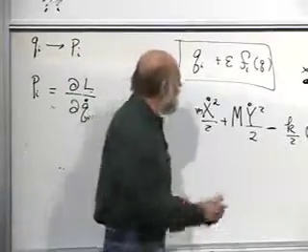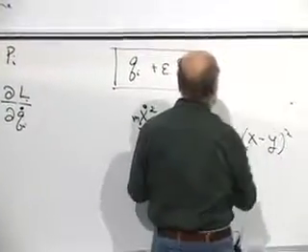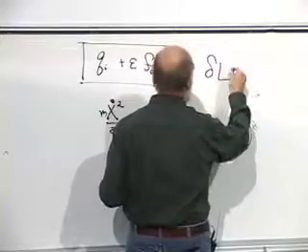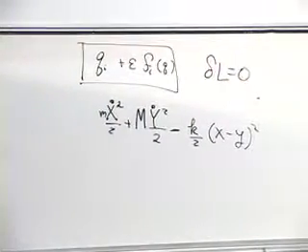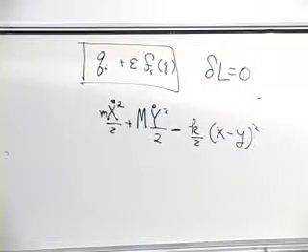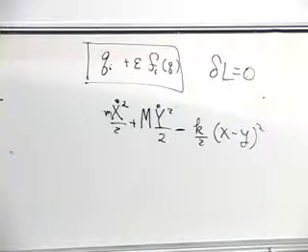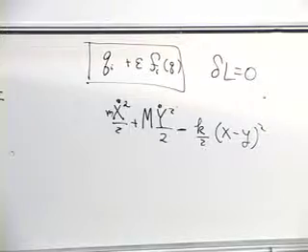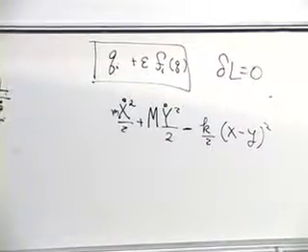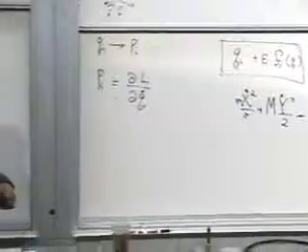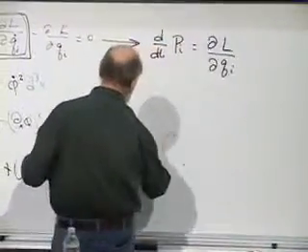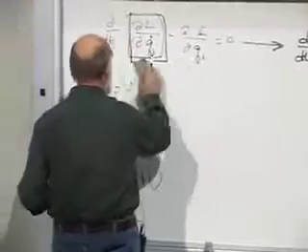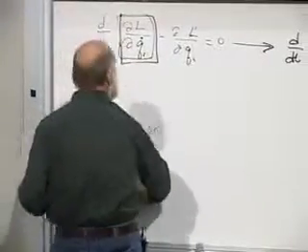In other words, assume that delta L is equal to 0 under such a shift of the coordinates. All right? Then I assert that there's a conservation law. And it's very easy to work out. Let's see why that's so.